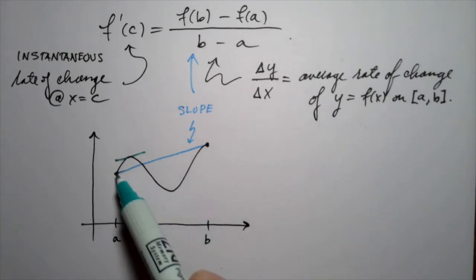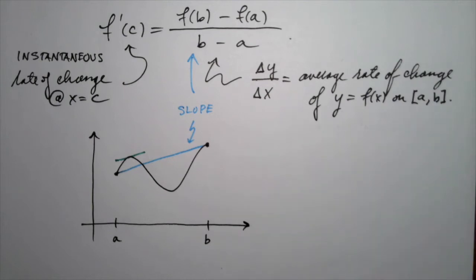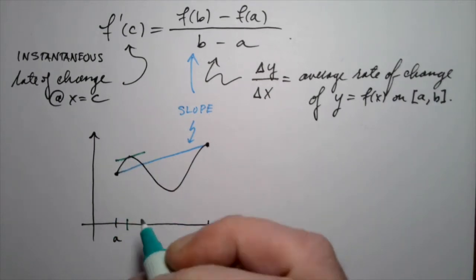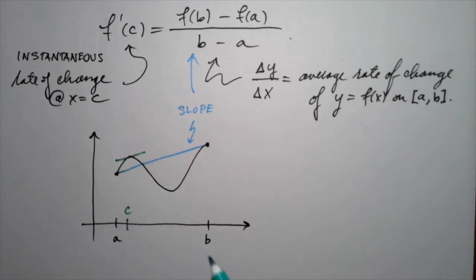So in other words, the sort of total slope representing the average rate of change is realized in an instant at some particular point c. So the slope of the tangent line, the instantaneous rate of change at c, is the slope of the secant line over the entire interval. It matches the average rate of change.